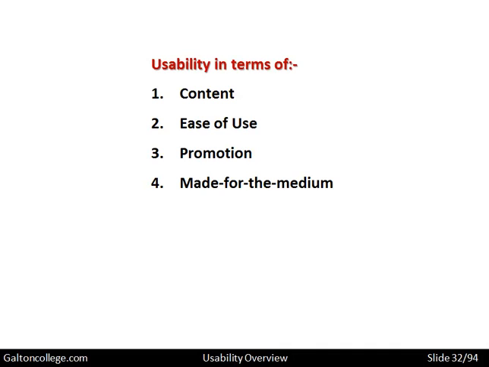They may be opened on a smartphone, or opened on a tablet, or opened on a large screen associated with a desktop computer. And the site will fit the size of the screen automatically. It's made for the medium. The programmers, the people who did the coding for the site, enabled this to happen so that it's easy for the users to access the site, whatever device they're using.